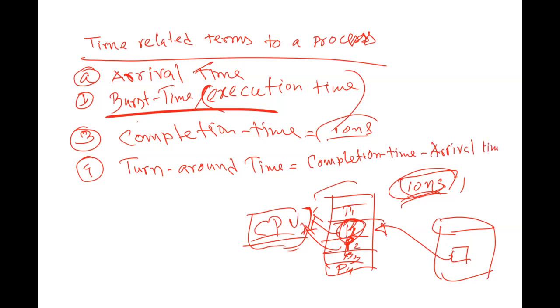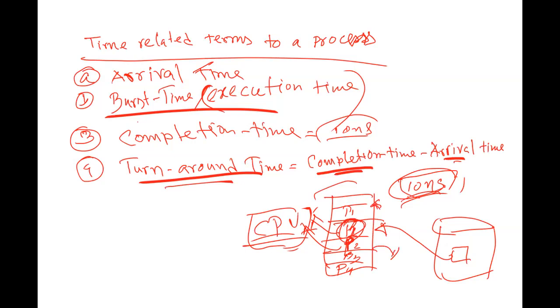It is the difference between the point when the process comes into the RAM and the point when the process terminates and leaves the RAM.